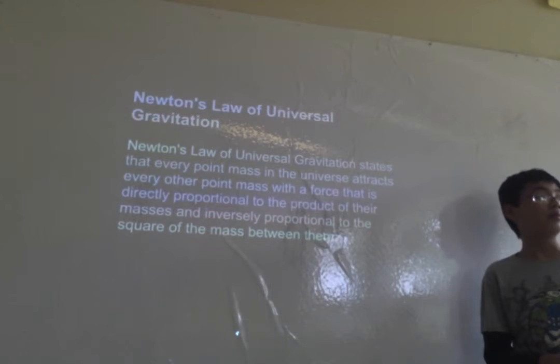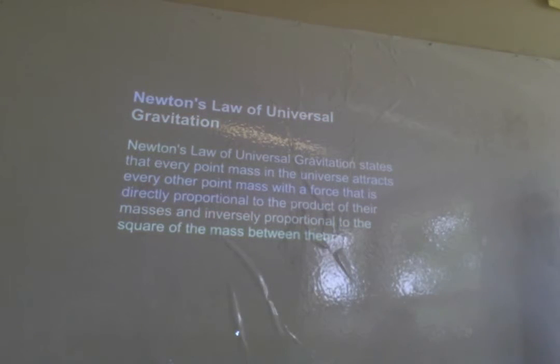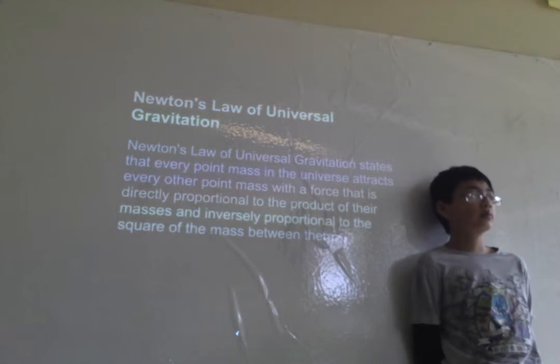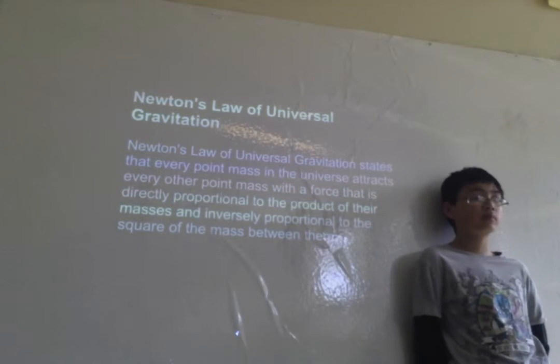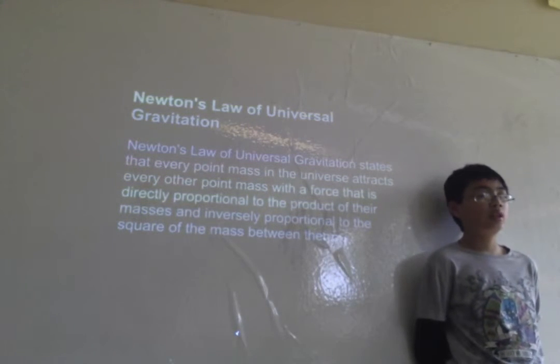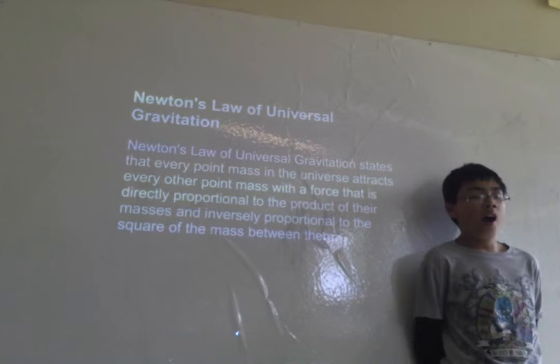So what he's saying is that the gravitation force between two objects in the universe is the product of both of their masses, and the inverse of that is the square of the distance in between them.